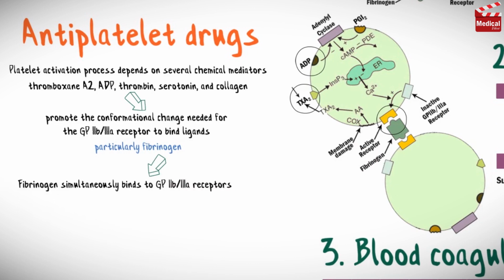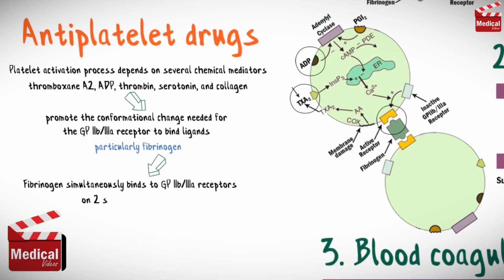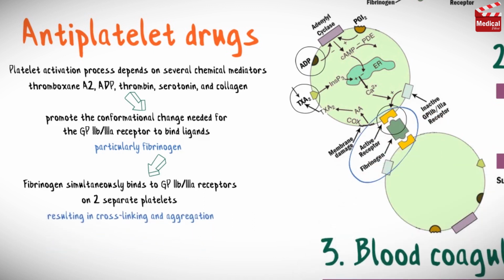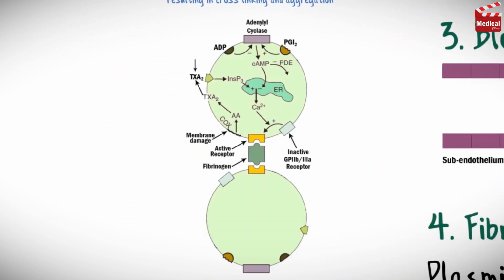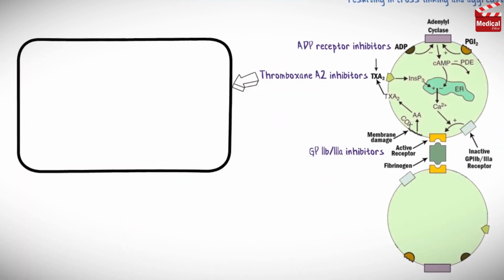Fibrinogen simultaneously binds to glycoprotein 2B3A receptors on two separate platelets, resulting in cross-linking and aggregation. So we can conclude that antiplatelet drugs can be classified to thromboxane A2 inhibitors, ADP receptor inhibitors, and glycoprotein 2B3A inhibitors. Let's start by thromboxane A2 inhibitors.